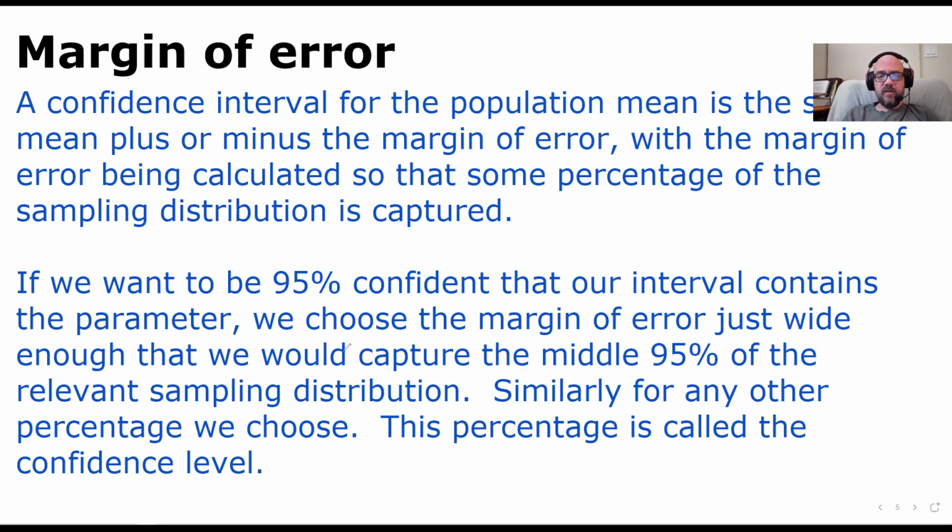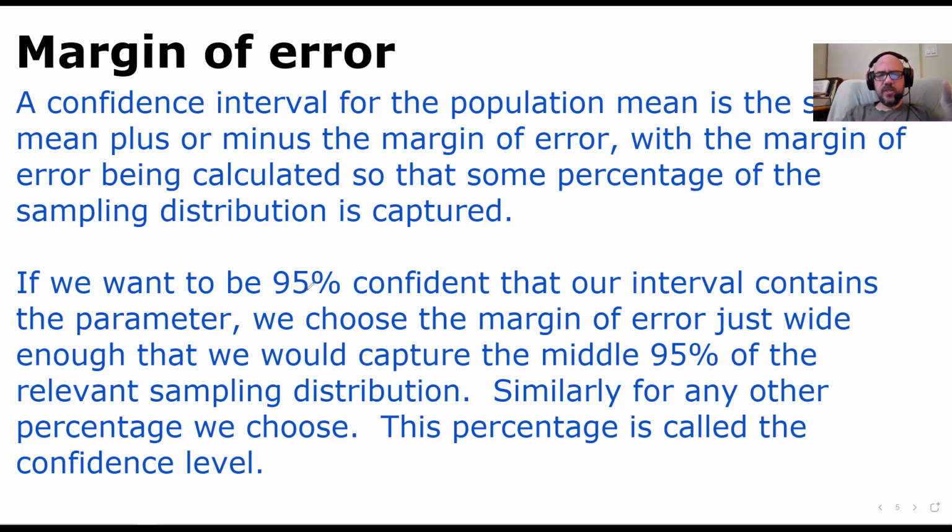So if we want to be 95% confident, which is the standard amount, by the way, basically every confidence interval you've ever seen has probably been a 95% confidence interval. And by the way, you've actually seen a lot of confidence intervals in your life, although you may not know it.